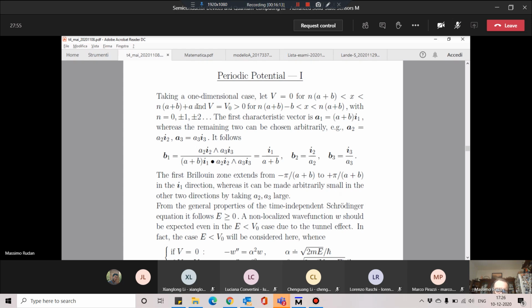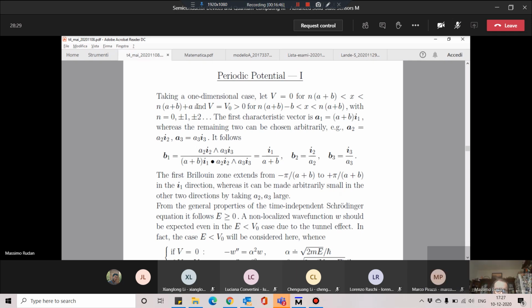So we actually do need all three vectors. But we can just take a2 as any number times i2, and a3 as any number times i3, because we don't solve in the direction of the second or third axis, because we have uniformity. We just exploit vectors a2 and a3.